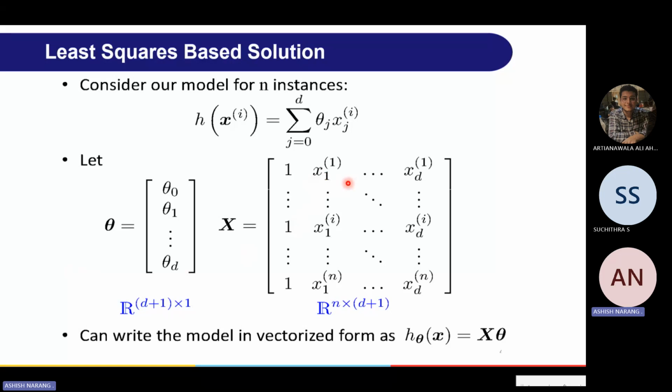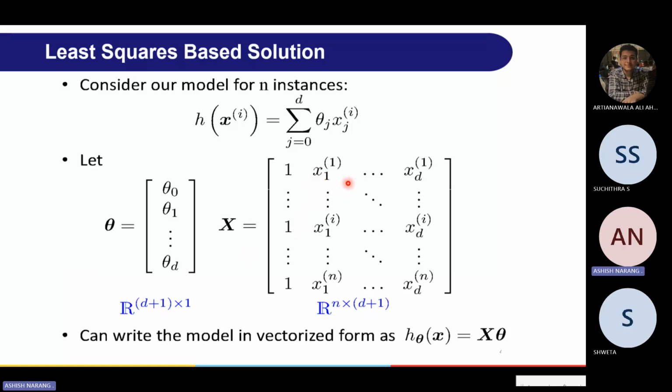Then x21 could be the next one in the same row, let's say proximity to the schools or the nearby market. Third could be any other, whether there's a modular kitchen or not, whether it's a double floor or single floor, could be n number. So d features are there, from 1 to d. The first row represents the first record, the second row represents the second record, the third row represents the third record, and so on.